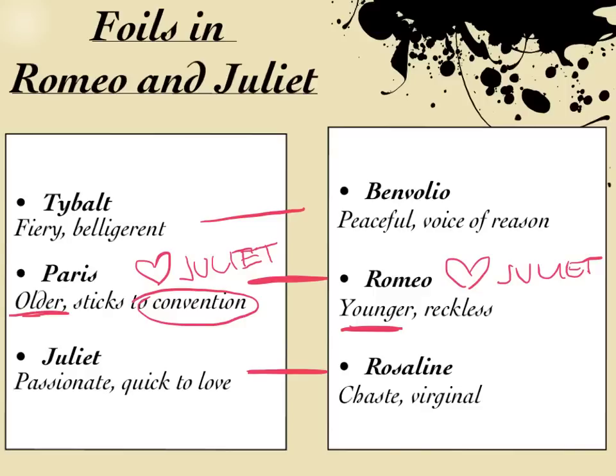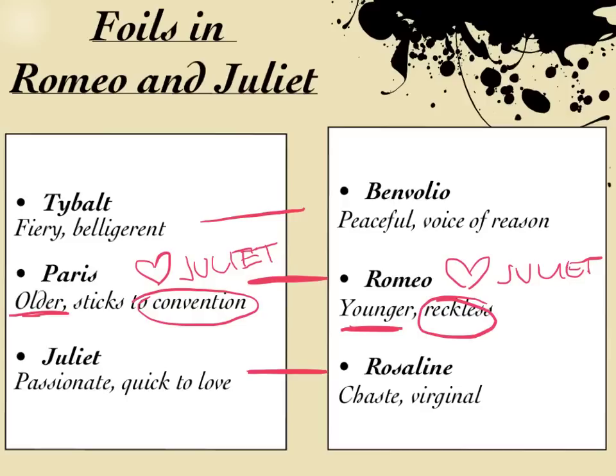He is a friend of Lord Capulet's, and he asks for Juliet's hand in marriage. He is definitely by the book. Whereas Romeo is a lot more reckless. He's sneaking around. He is kind of luring Juliet to him. So Shakespeare here draws for us a very distinct difference between the ways that Paris is attempting to woo Juliet and the way that Romeo does woo Juliet.